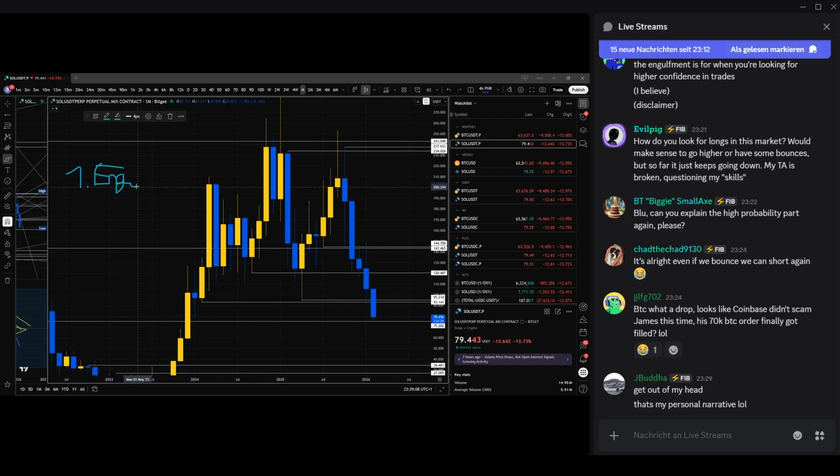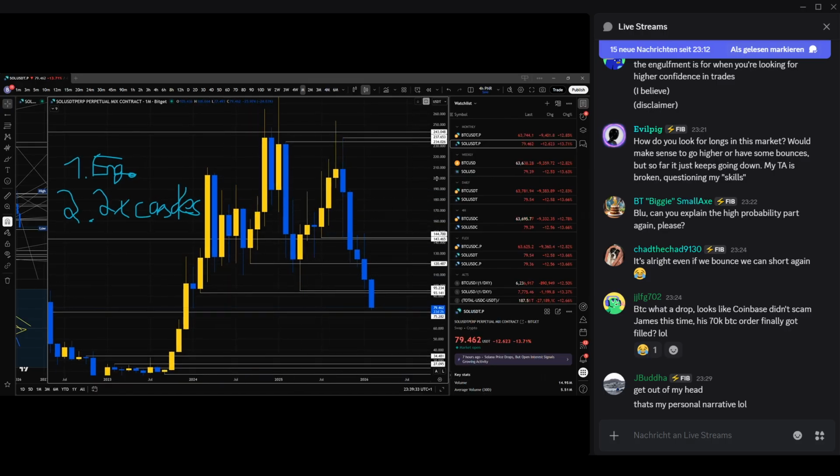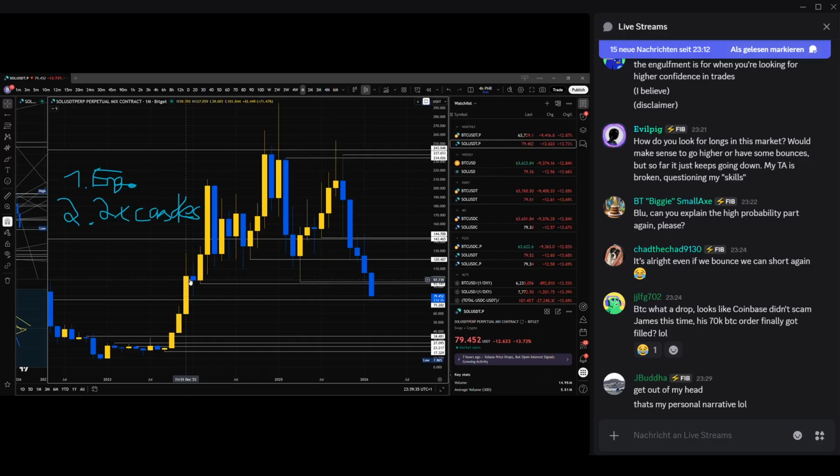Make an acronym with E and G, very dirty. And number two, you want two candles. It's very ugly, could use text boxes. Two candles into the same direction, which is part of the condition how it becomes a higher probability trade.